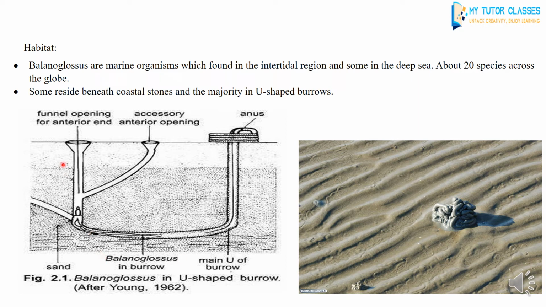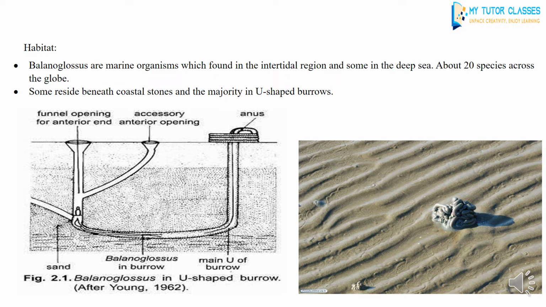So this is a Balanoglossus U-shaped burrow, which has an anterior funnel-shaped opening, an accessory opening, and another opening. Here you can find the coiled fecal matter. If you see the image, this is the coiled fecal matter.